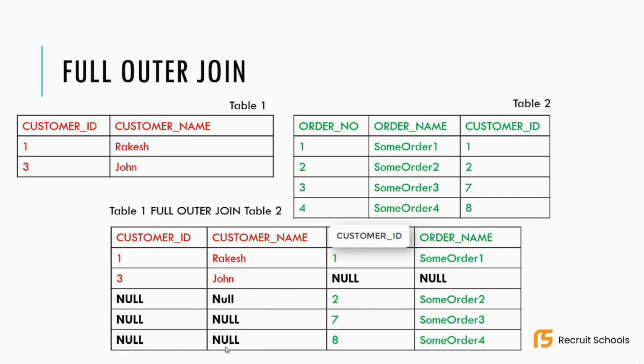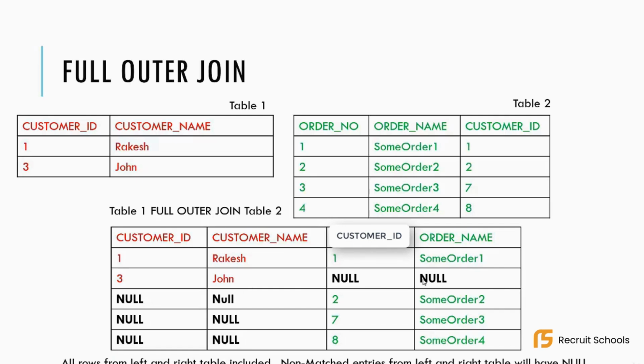So basically it's a combination of your left outer join and right outer join. So you will have all rows from your left hand side table and all rows from your right hand side table. Whatever matches, you will find a complete row set. Whatever does not match will simply have nulls. Okay, so all rows from your left and right table are included.